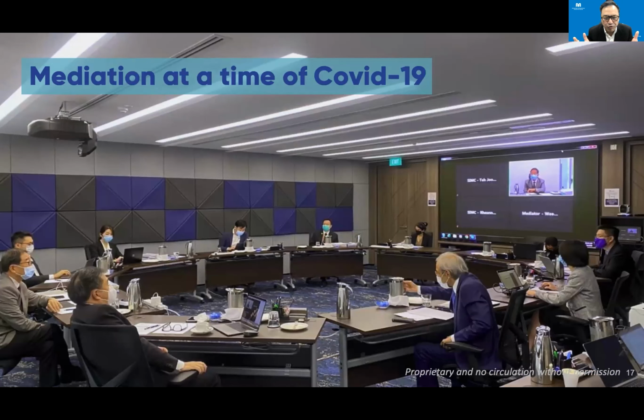It looks like a war room where everybody sits around 1 meter apart, with your mask on, and everyone in the room are the lawyers representing the parties, and you can see the big screen there, where parties will call in over Zoom or over BlueJeans or whatever platform, to provide them immediate and timely updates on what's happening in the mediation.